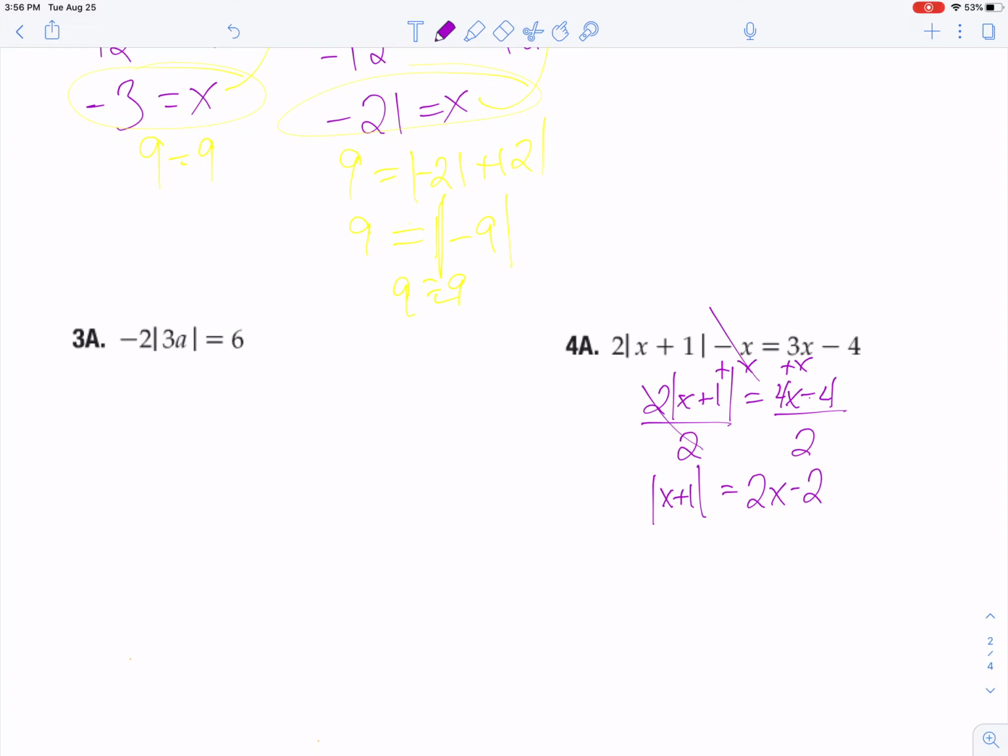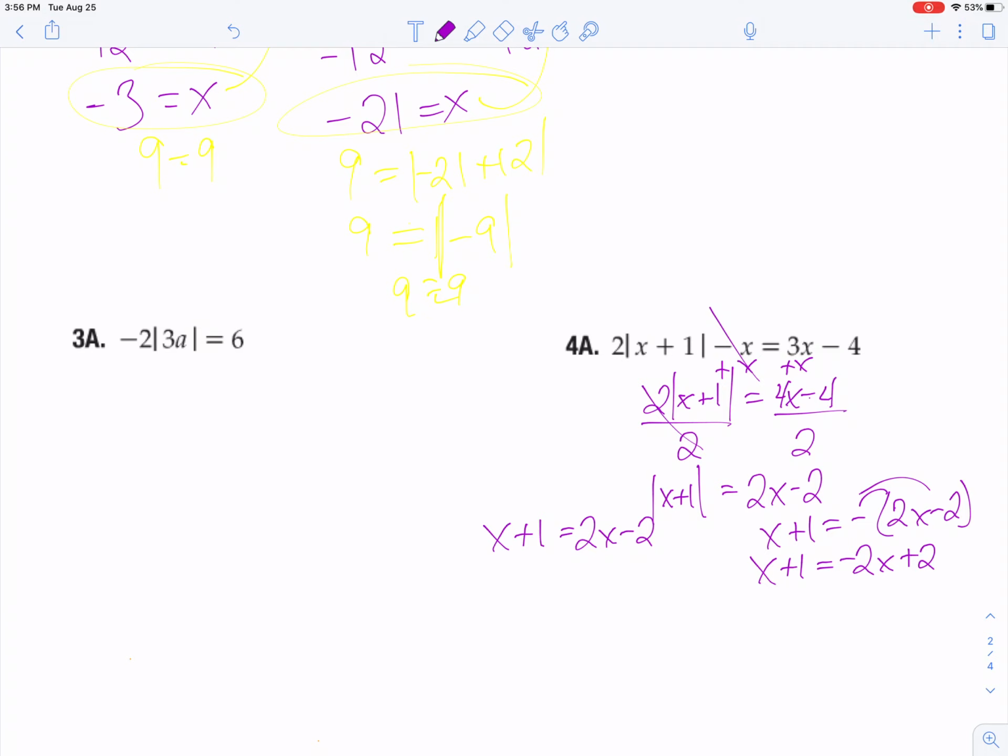Okay, so now when I write my 2 different equations, the first one is going to be x plus 1 equals 2x minus 2. The other one, what you have to understand is you're making the entire right side negative. So that's going to end up flipping the signs of everything on the right side, like so.